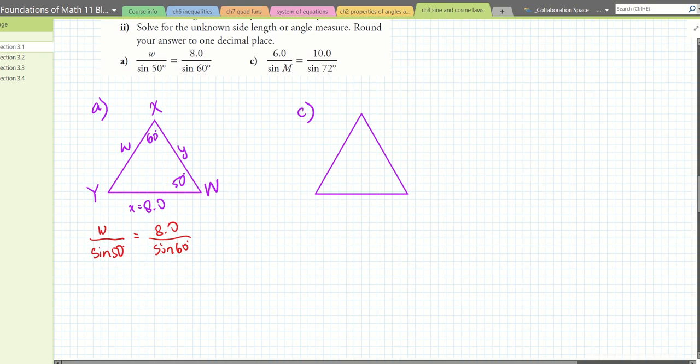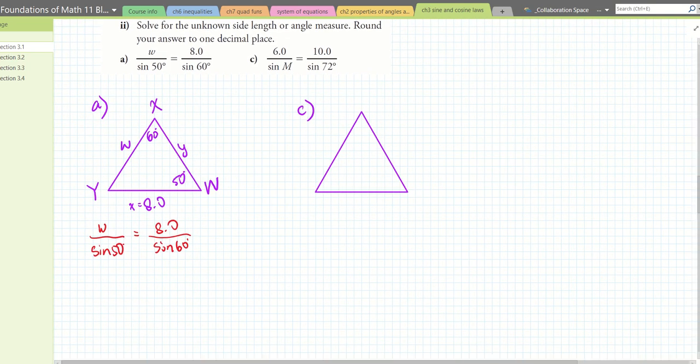So you want to get the W by itself, which means you have to get rid of the sine 50 on the bottom, which means you have to multiply by sine 50 on both sides. So when you do that, it will move from bottom left to top right. So you're going to take this, multiply by sine 50, take this, multiply by sine 50. So it disappears from that side and goes to the right top.